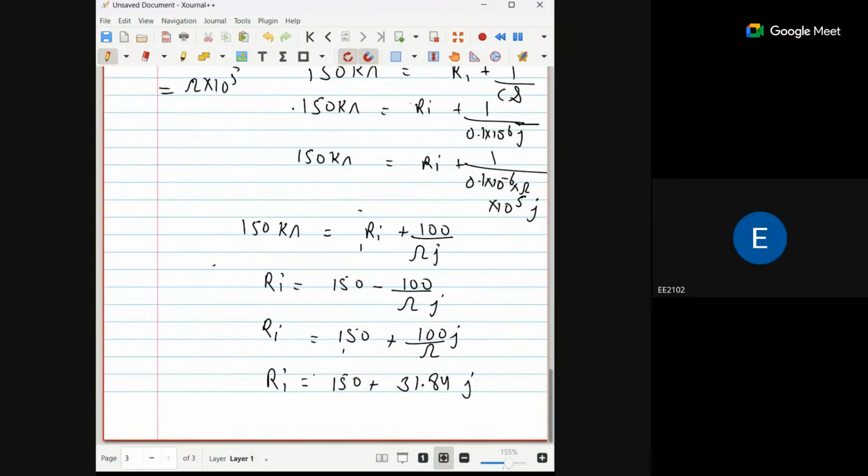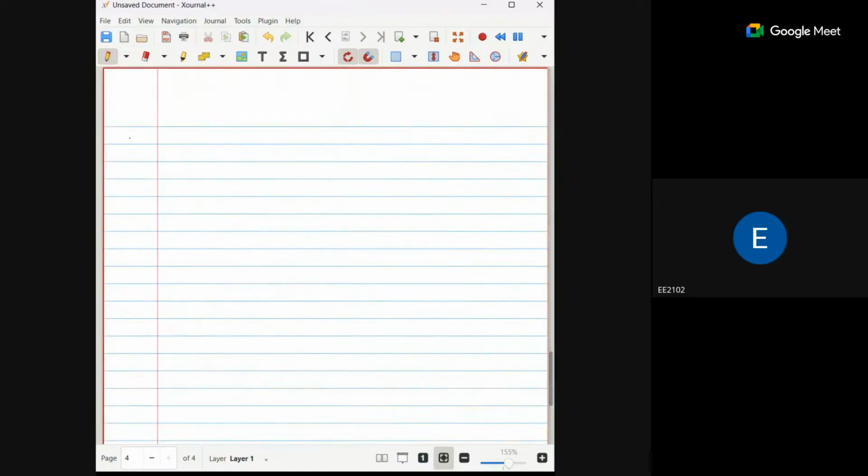Can we move to next? You can find the magnitude from here, directly 150 scale. These calculations are very large.